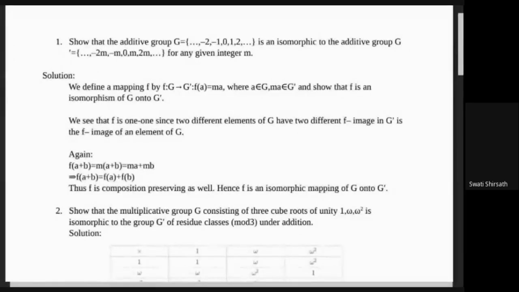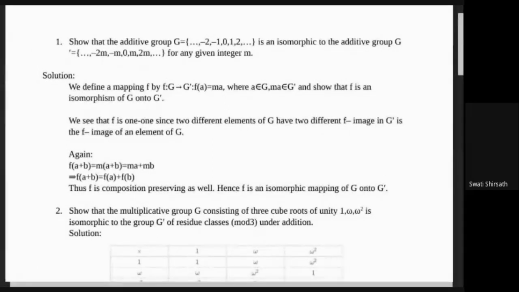Now we have to use the property that f of x star y is equal to f of x star dash f of y. Am I right? That you have to prove.